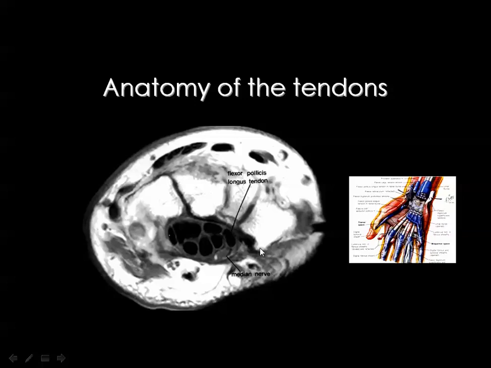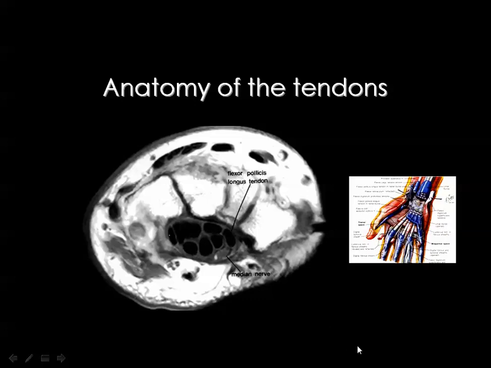Between the tubercle of the trapezium and the hook of the hamate stretches the flexor retinaculum. And the flexor retinaculum will cover the carpal tunnel. The carpal tunnel will contain the tendons of the flexor digitorum superficialis and the profundus.